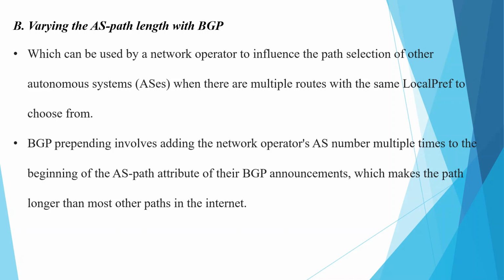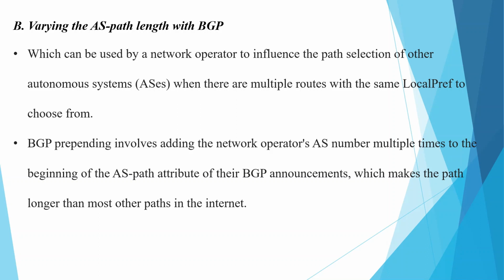Next we have varying the AS path length with BGP. Where there are multiple routes with the same local prefix available, BGP prepending can be used by a network operator to influence the path choice of other autonomous systems.